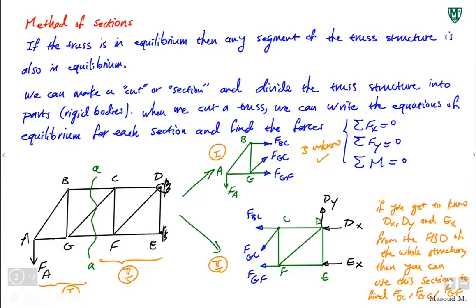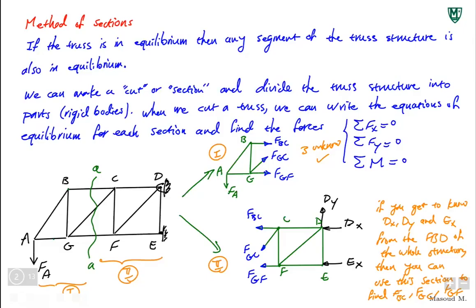You can just make an assumption. You can use inspection to figure out what is the direction of force. Or you can just make an assumption that all the unknown member forces at the cut, at the section you're making the cut, are in tension.